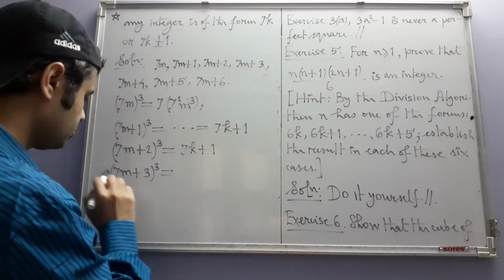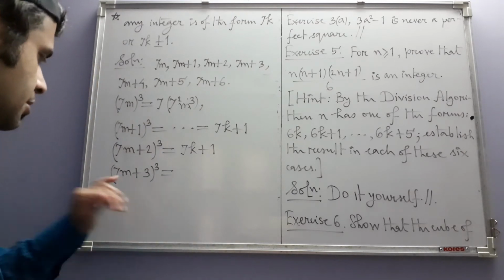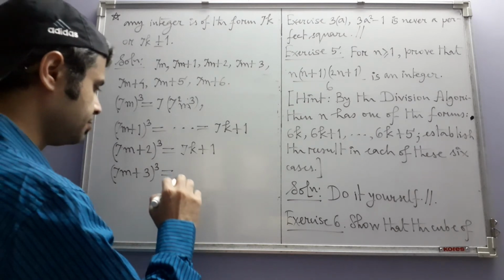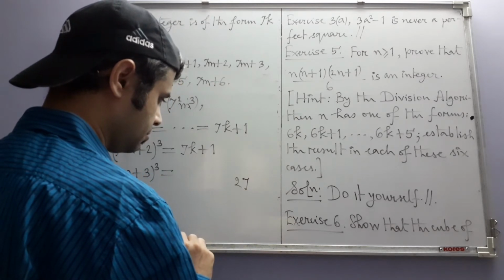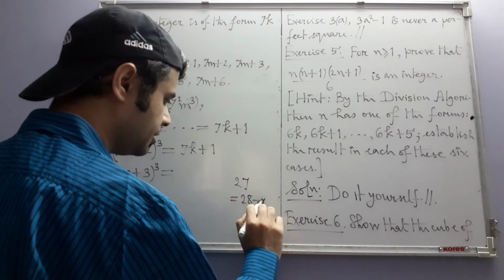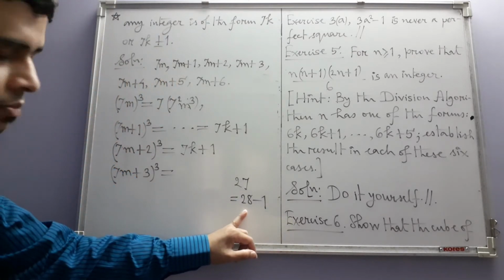Okay. This one will have again multiples of 7 plus 3 cube, which is 27. 27 can be written as 28 minus 1. So this is a multiple of 7.